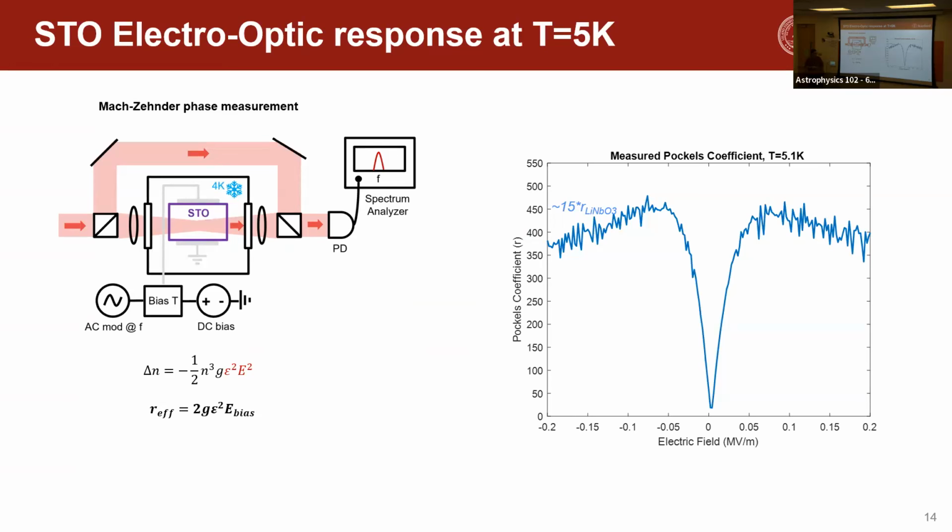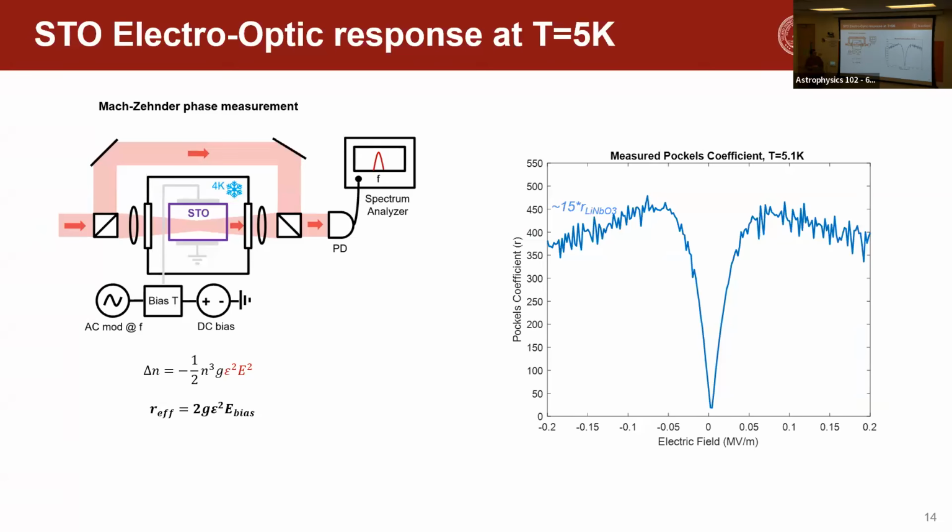And then as we increase further, of course, we expect this effective Pockels coefficient to have a bias term that's increasing. So that brings this effective Pockels coefficient up, but the square of the dielectric constants is decreasing much faster. So the signal then starts saturating at these high electric fields.